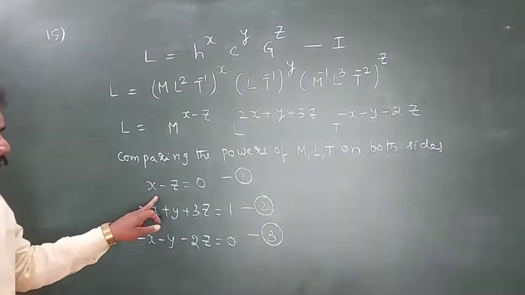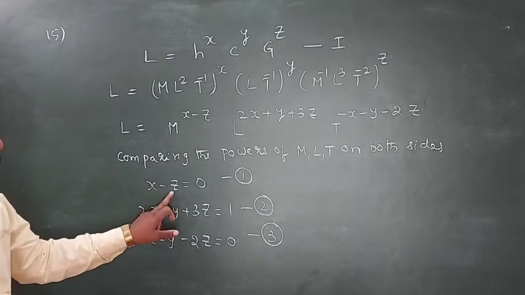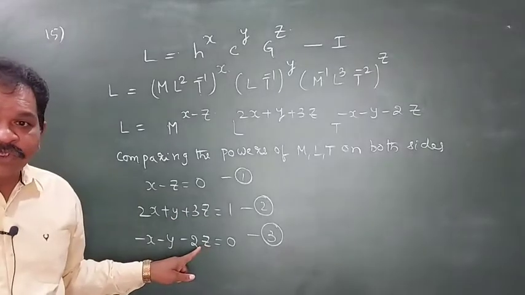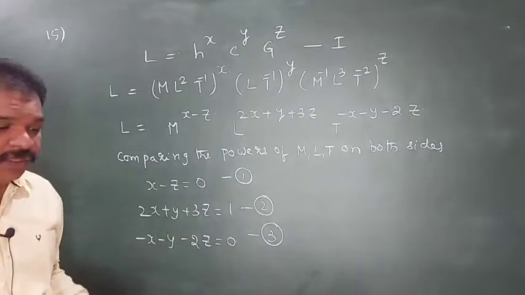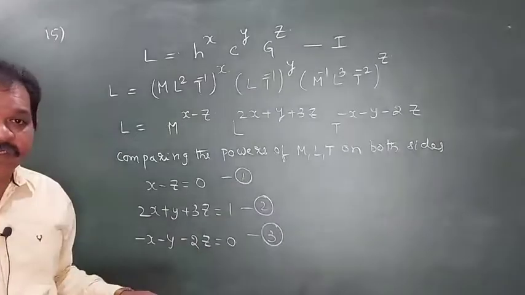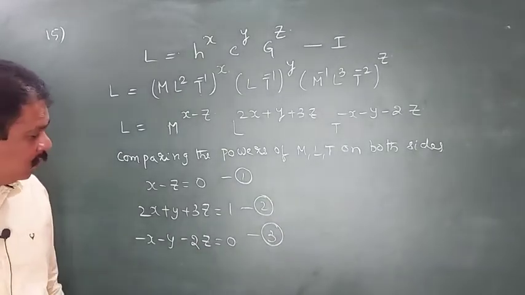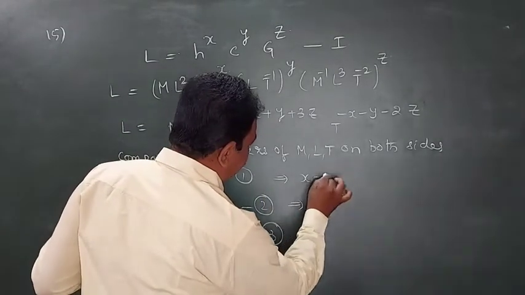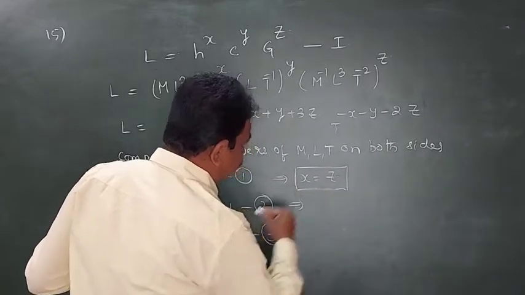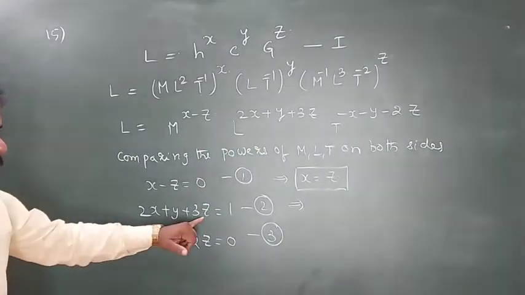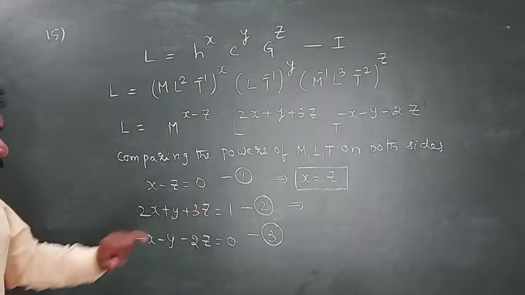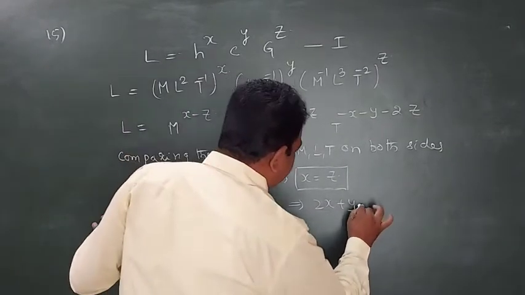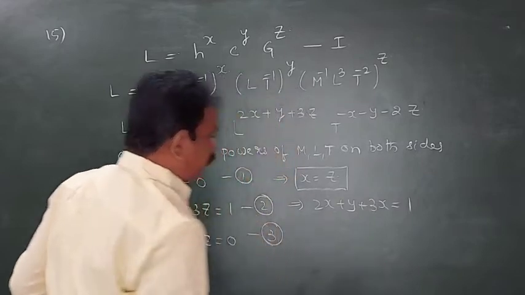So from the first equation we know x is equal to z. In the place of z, we will substitute x, and then we will get two equations. By solving them, we will get the answer. From this we got x is equal to z. Clear? In this, z place I am substituting x. So 2x plus y plus 3x is equal to 1.